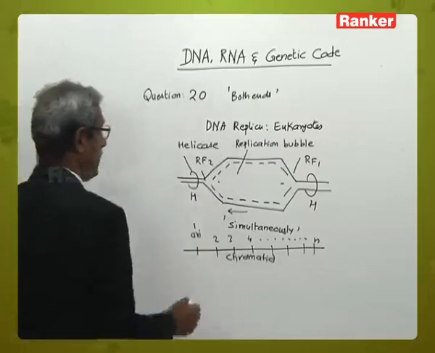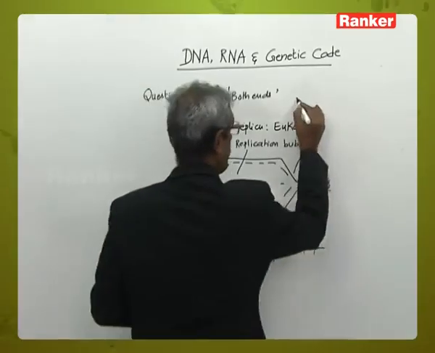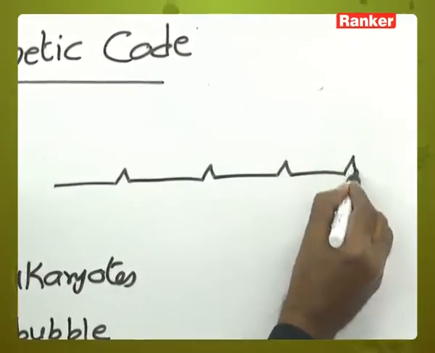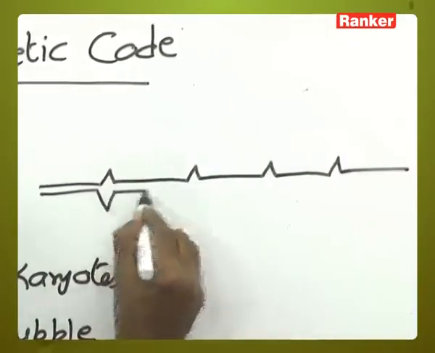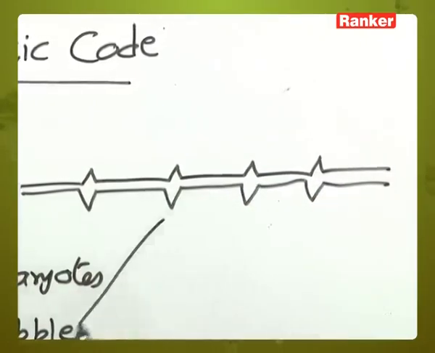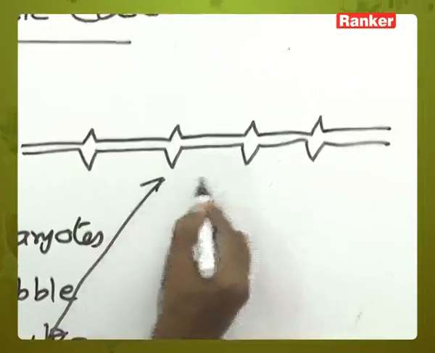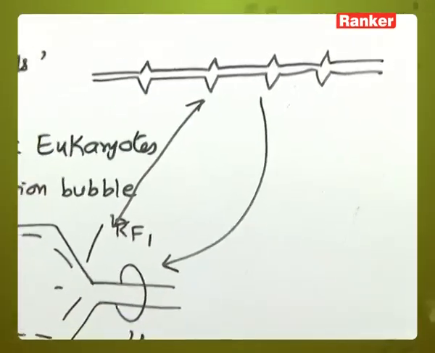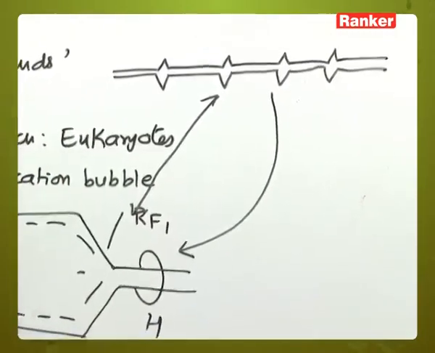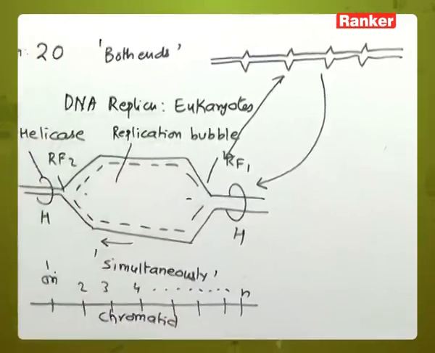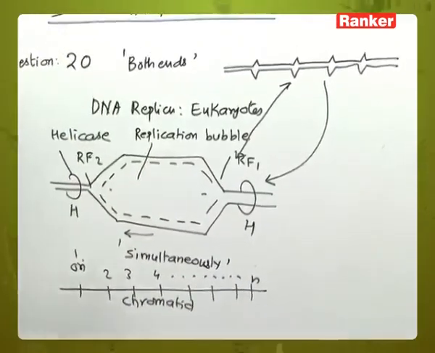So when you take the case of eukaryotic replication, this indicates the formation of 2 replication forks and formation of an extended area which is primarily an equivalent of the replication bubble of prokaryotes.